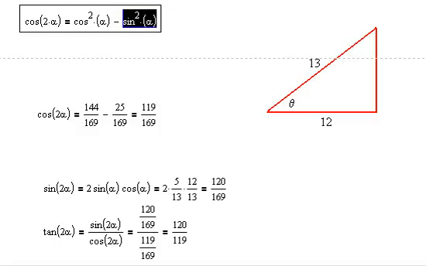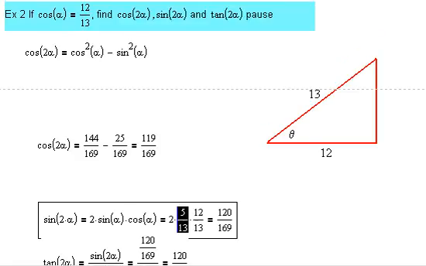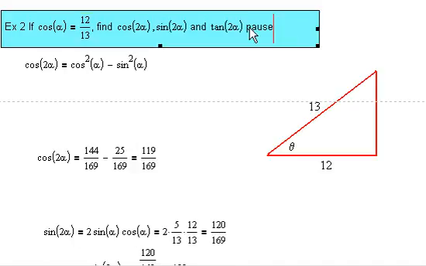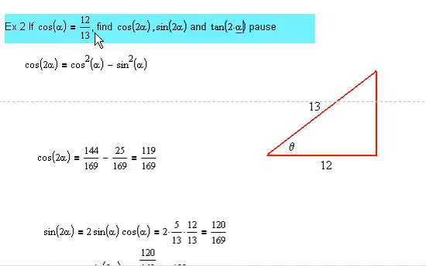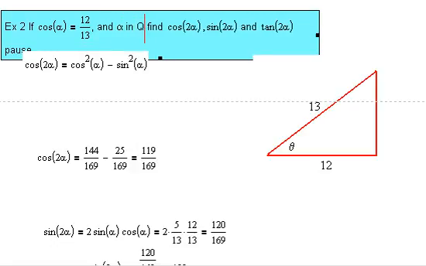Technically, I have a little bit of a problem here in that this could possibly have been negative 5/13. So in my problem up here somewhere I should have stated that alpha is in quadrant 1, right?